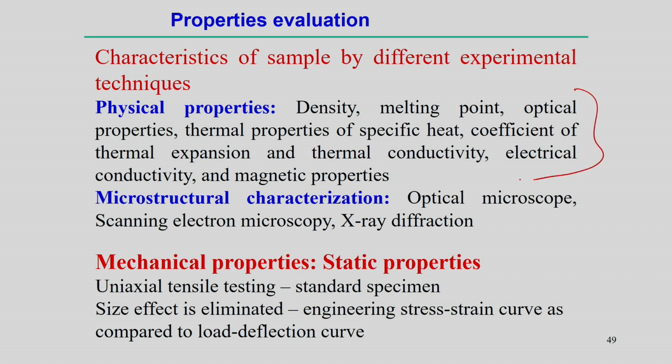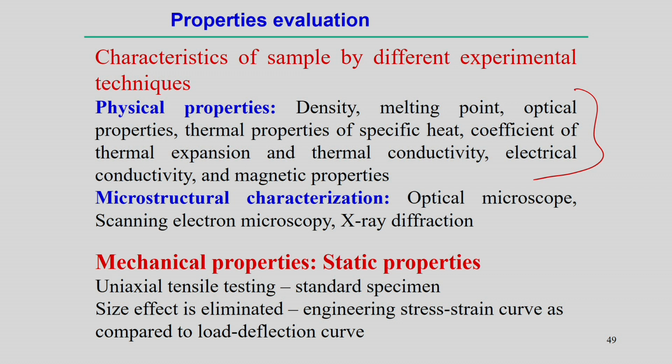There is a standard methodology, and following the standard test methods we can evaluate all these properties, but these properties are more important before applying any manufacturing processes. Once we apply some manufacturing process to get a certain product, then we can evaluate the other properties.